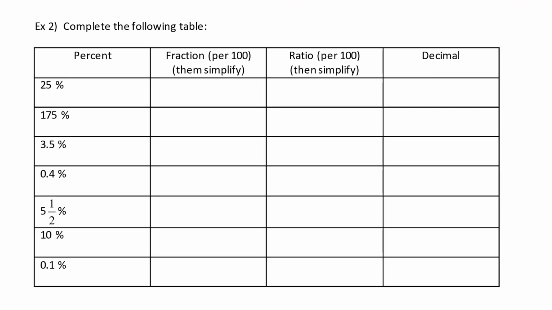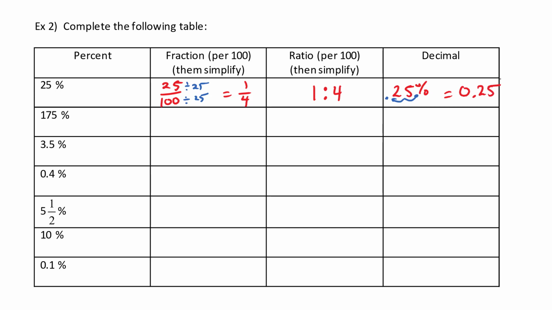Let's look at some more examples here. Let's convert each of these percents into fractions, ratios, and decimals. 25%, 25 per 100. To simplify that down, divide the top and the bottom by 25. And here we get 1/4. As a ratio, 1 compared to 4. We find the decimal. We move it 2 spots over, giving me 0.25.